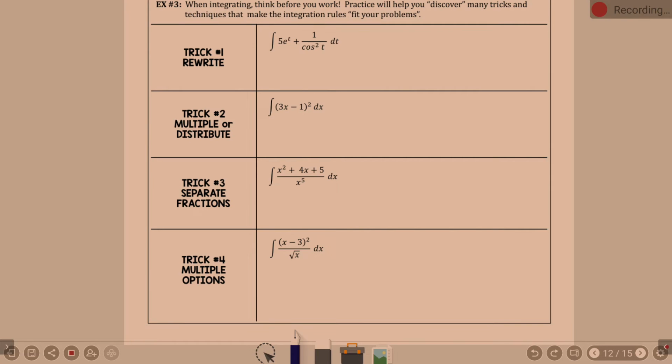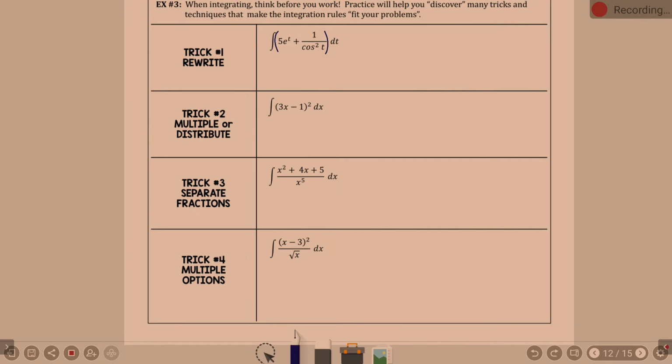Okay? So, trick number 1, the integral of (5e^t + 1/cos^2 t) dt. Officially, if I'm going to be nitpicky, that should be in parentheses, just to indicate that it's all in the integral. But notice trick 1 is to rewrite it.